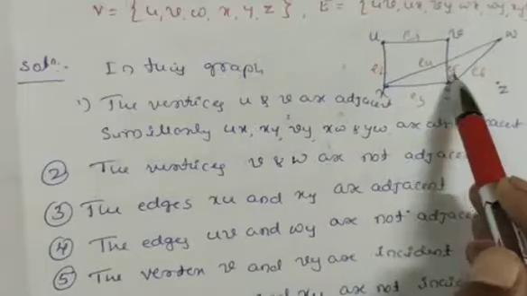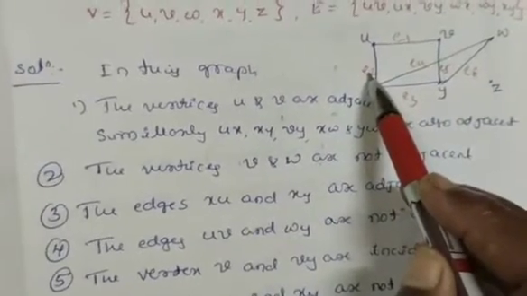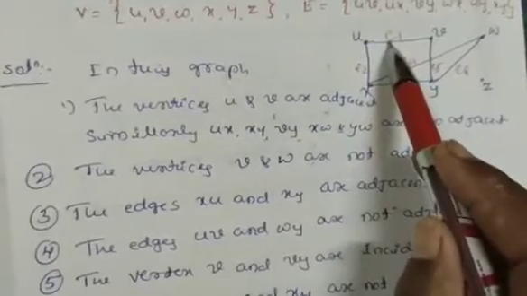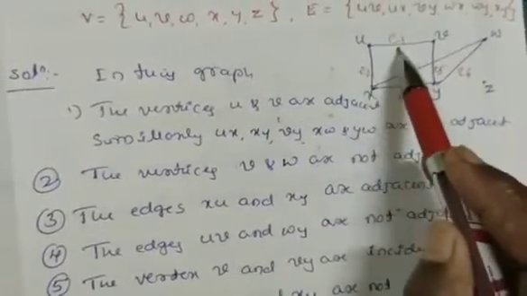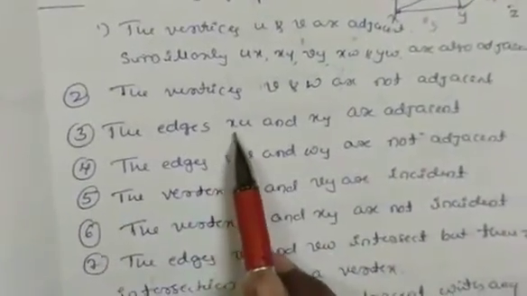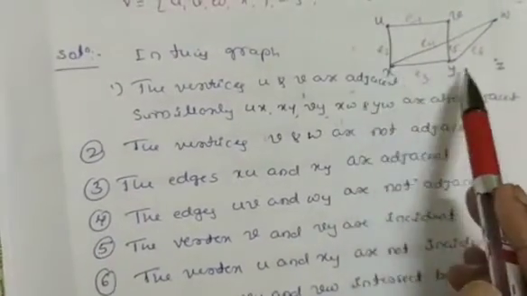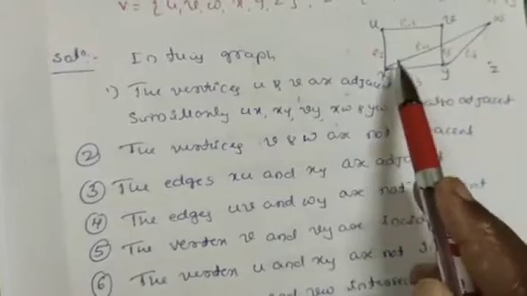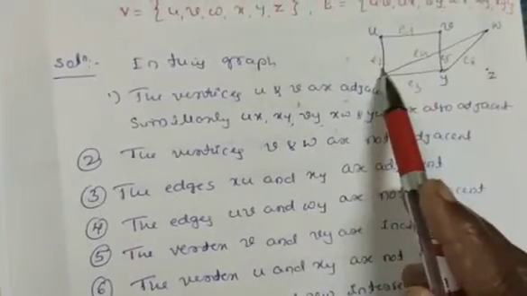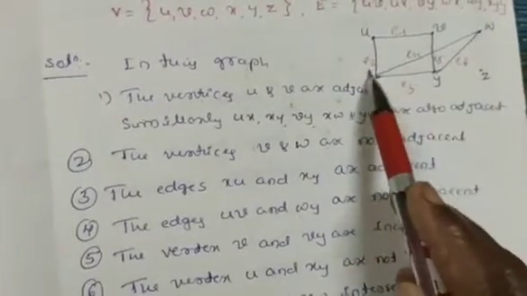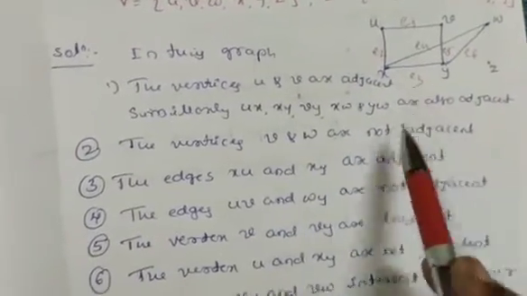If the edges are incident with a common vertex, then we call those two adjacent edges. So xu and xy are adjacent, that is, E2 and E3 are adjacent, like this.